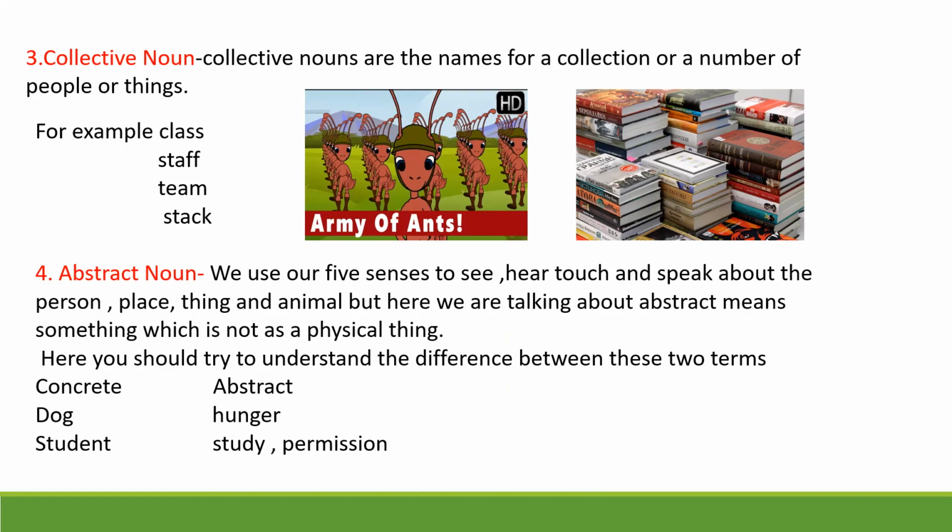Now, what is abstract noun? See, we use our 5 senses to feel, to see, to touch, to speak about any person, place, thing, or animal. But here we are talking about abstract. Abstract means which is not physically present, which you can't feel with your five senses.